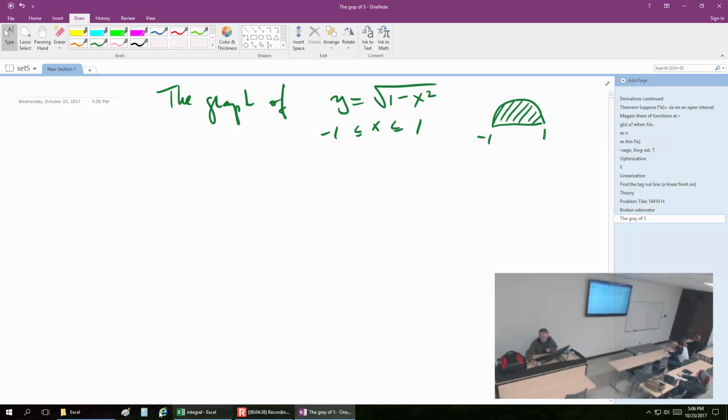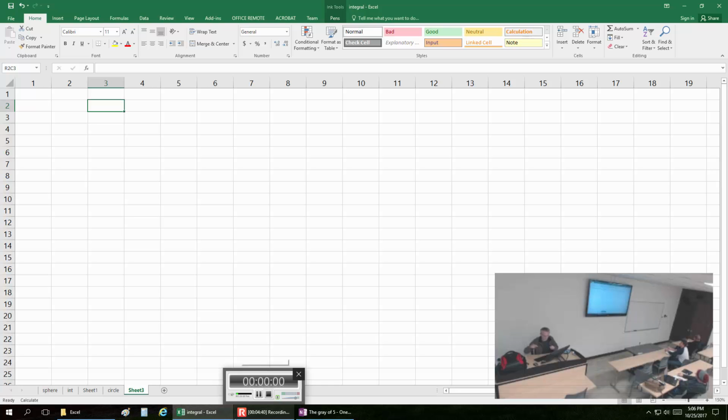I will put x here. So in this column I'll have x starting with -1. So my -1 will be the initial point.